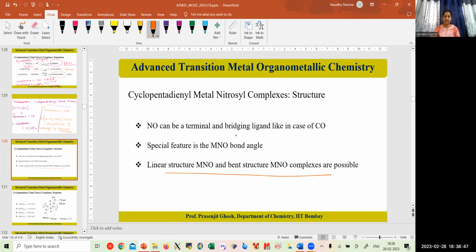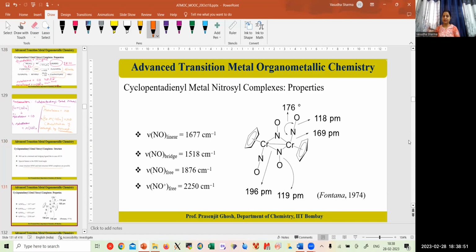Now we will see one of such examples where the properties are defined, how the bond parameters change when we have different kinds of coordination like bent or linear, bridging or terminal. So these four things are there in the metal complexes. So this is a dimer where one side it is Cp ring and others are the NO. So this is again a half sandwich complex.